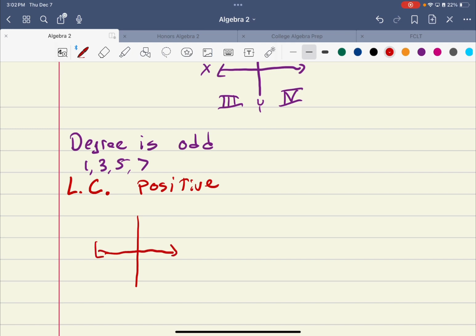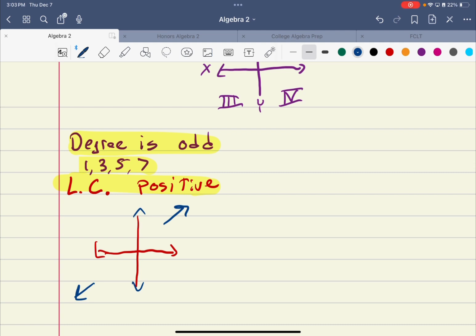If it's odd and positive, your end behaviors are going to be in the 1st and the 3rd quadrant. This needs to be in your notes. If it's odd and the leading coefficient is positive, then draw that graph. Your end behaviors are going to be out of the 1st and the 3rd quadrant.